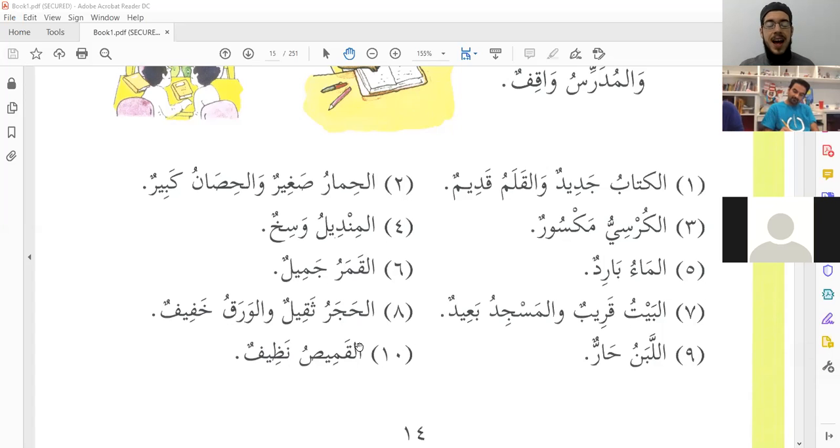The following one, al-hajaru thaqilun. Al-hajar means the rock or the stone or the boulder. Thaqilun is heavy. Wal-waraqu khafifun. This can be a leaf or it can be a sheet of paper. They didn't specify.